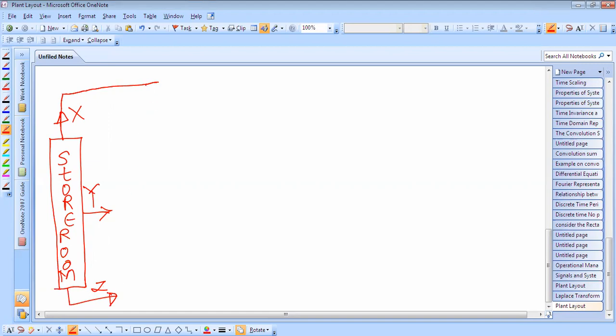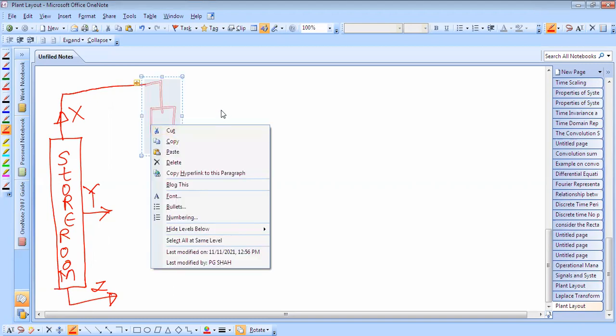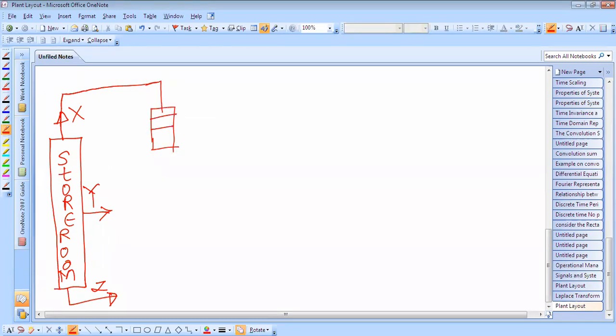So on the incoming X line, different machines are placed. For example, suppose D machine, D, E, F, G, these machines are there, and there are some machines also placed on this A, B. Then it is connected like this.